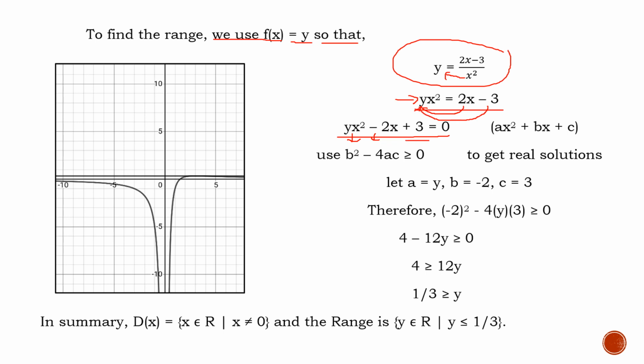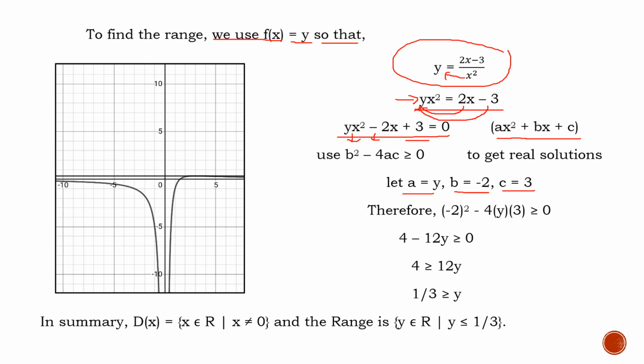Here, we just simply use the concept of your quadratic formula, wherein there's a quadratic form equation, ax squared plus bx plus c. So we apply the concept of this one. Your a is your y, your b is equal to negative 2, and your c is equal to positive 3.